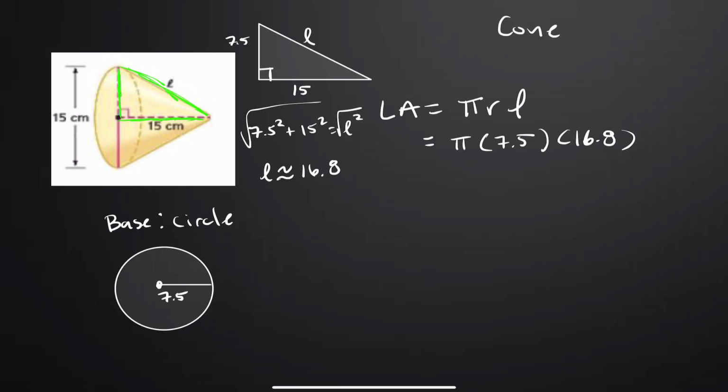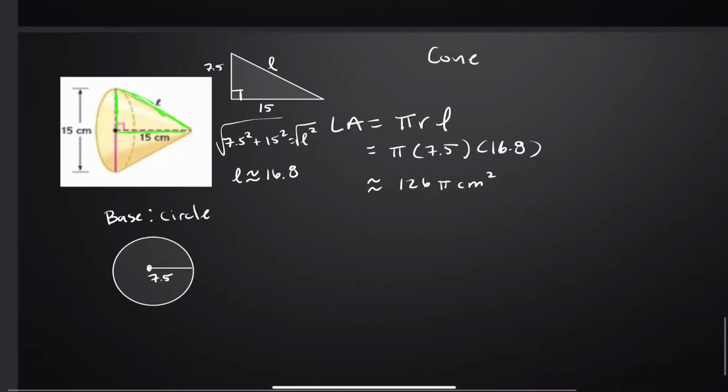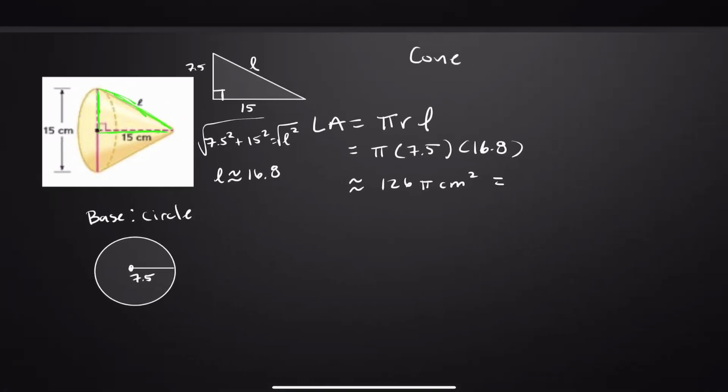Okay, so let's leave in terms of pi. So I'm going to do 7.5 times 16.8. That's approximately 126 pi centimeters squared. Or if you're multiplying with the pi, it is 395.8 centimeters squared.